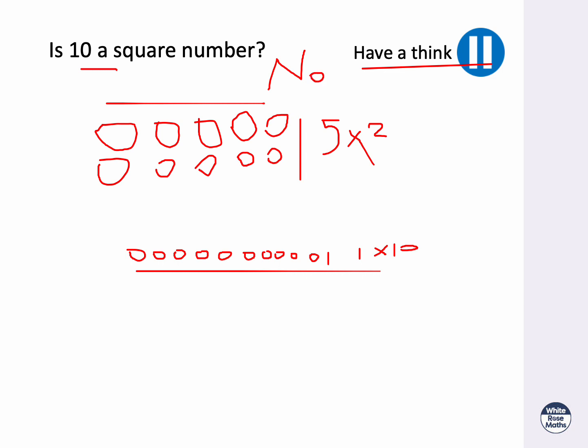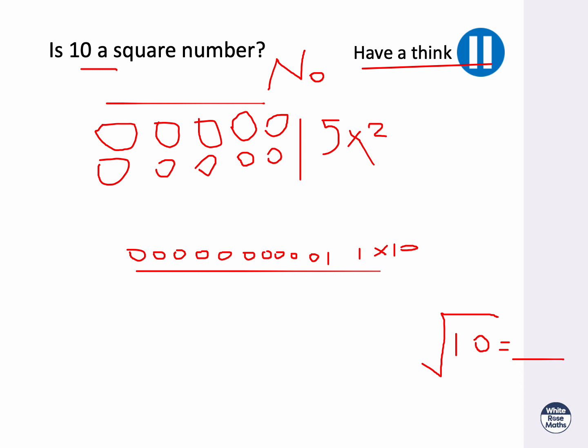And another way that you can do it is, if I type into my calculator the square root of 10, does it give me an integer answer? So does it give me a whole number answer? And the answer is no. If you type this into your calculator, it will give you a decimal answer. So that confirms that 10 is not a square number. A square number is made by multiplying two whole numbers together, two integers together.